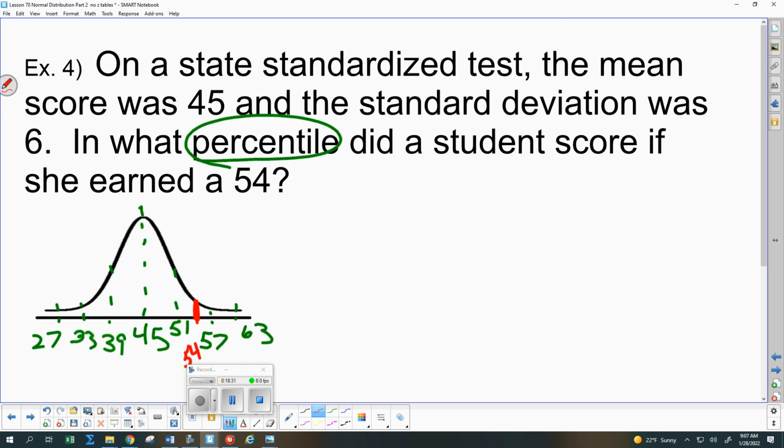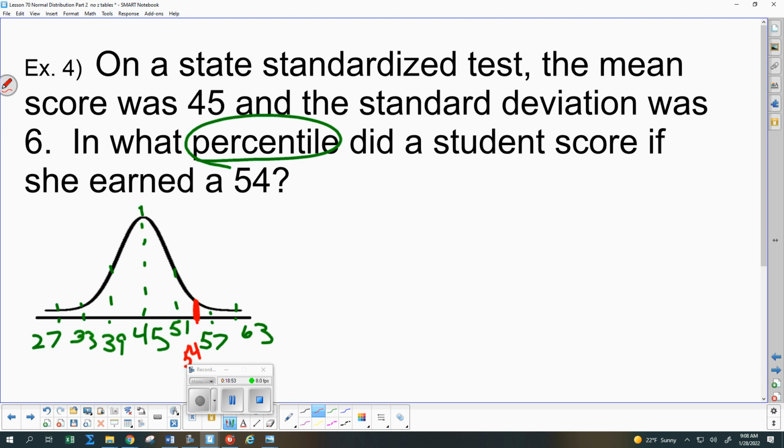So for the test, higher than what percent of students. Sometimes at the doctor's office, taller than what percent of children the same age. Or weigh more than what percent of children the same age. And they'll give parents reports and graphs about percentiles for the growth of the child.